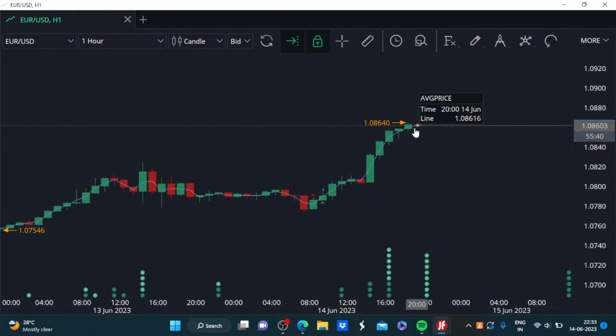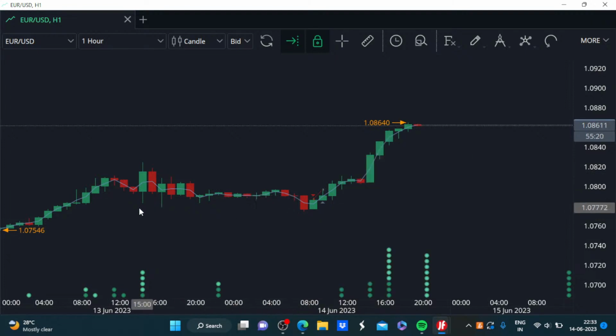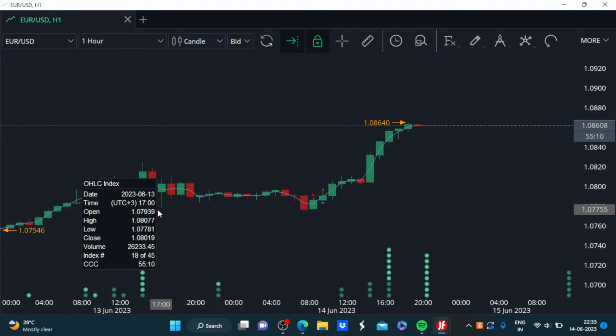Now, as I said, the average price is derived using the high, the low, and the closing price of the given candle, and we get these smoothing factors incorporated in this system so that even if there has been a large fluctuation in the given candle period, even though we might see these sharp moves, we will get a stable picture by the average price indicator.